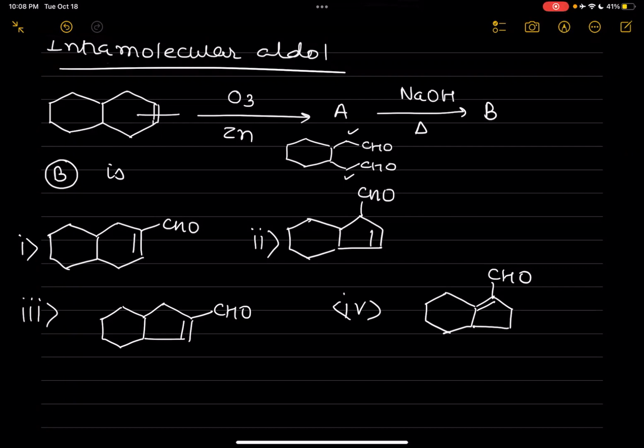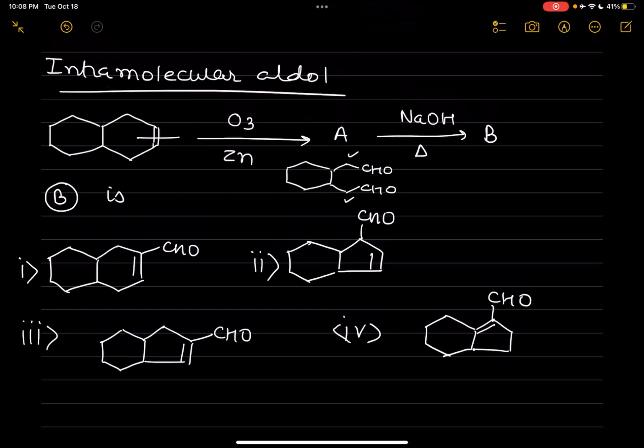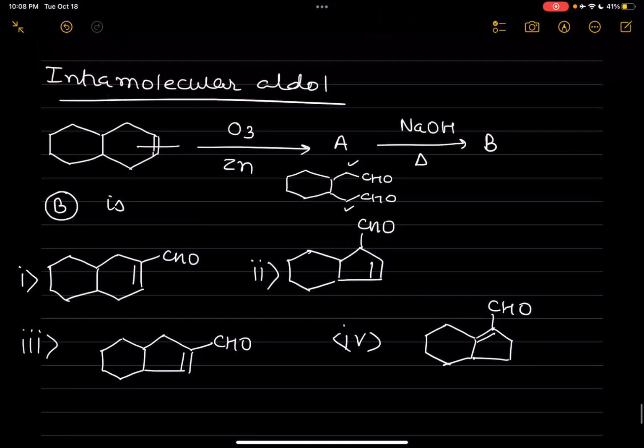So alpha hydrogens are there. So now you don't need any outer molecule, new molecule. Just use this molecule only. Take the CO and take the alpha hydrogen on the other side and combine together, right?